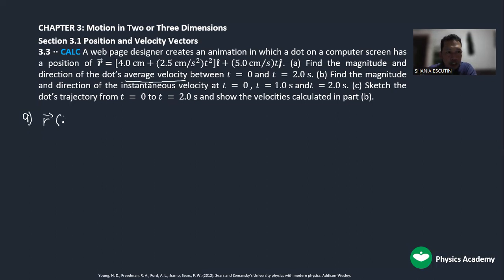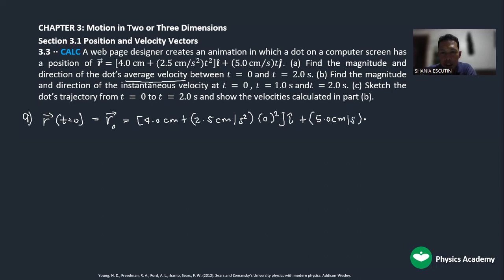At t equals 0, we call this r sub o, which is equal to 4.0 centimeter plus 2.5 centimeter per second squared times 0 squared, multiplied by i hat, plus 5.0 centimeter per second times 0 j hat.